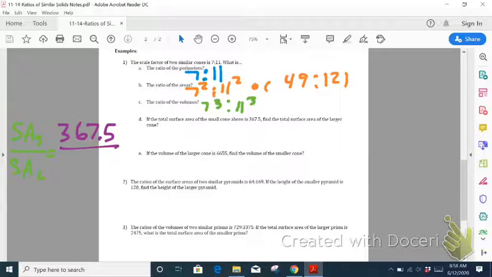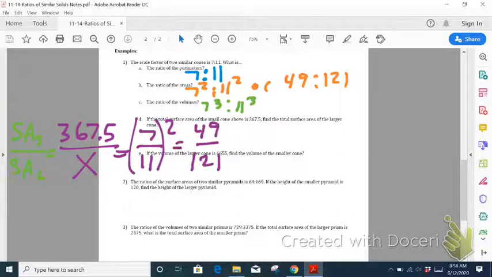The surface area of the larger cone, we don't know what that is. Now we do know the scale factor of the small over the big is going to be 7 to 11. Now, since it's surface area, we're going to square that, and we get 49 over 121.